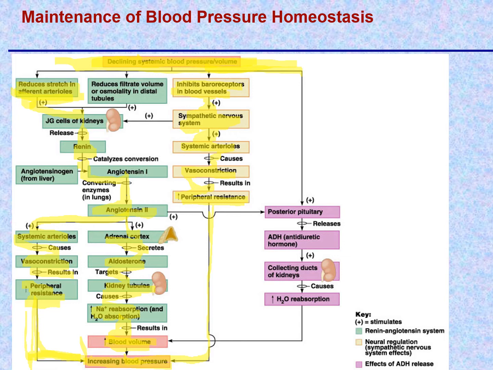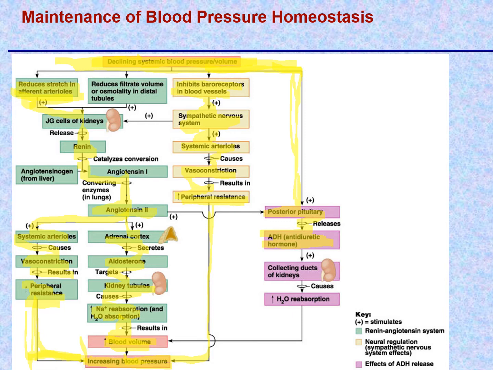And finally, something we didn't discuss a lot: a drop in blood pressure will trigger the posterior lobe of the pituitary gland to release ADH. Remember, the hypothalamus produces ADH, and then it goes down to the posterior lobe of the pituitary and gets stored there.